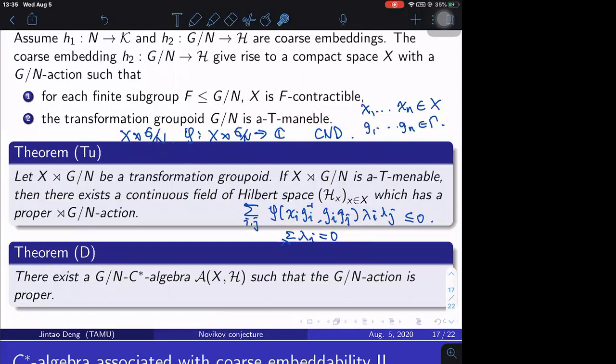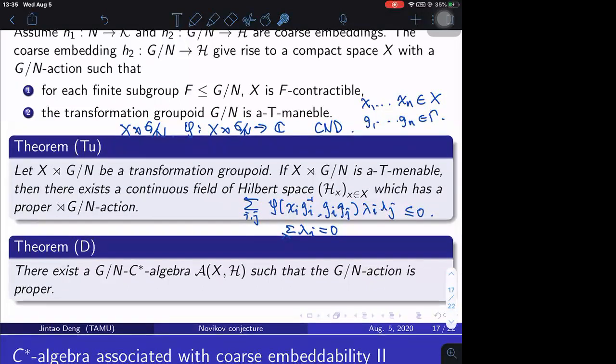The concept of a-T-menability for groupoids was introduced by Tu. And he has a result that if you have a transformation groupoid which is a-T-menable, then we can define a continuous field of Hilbert spaces with a proper groupoid action.